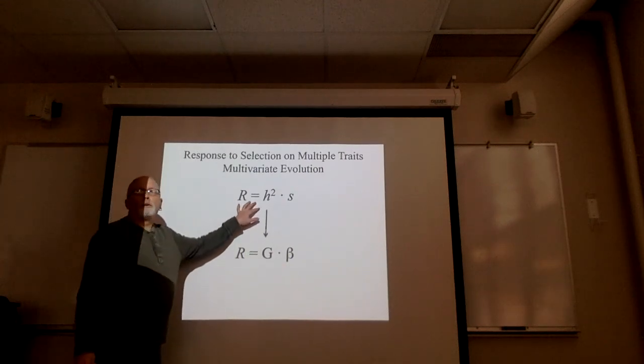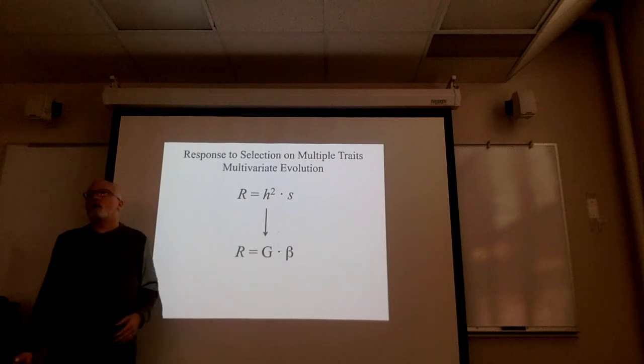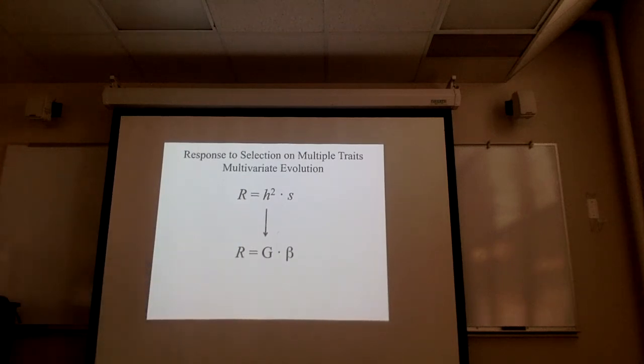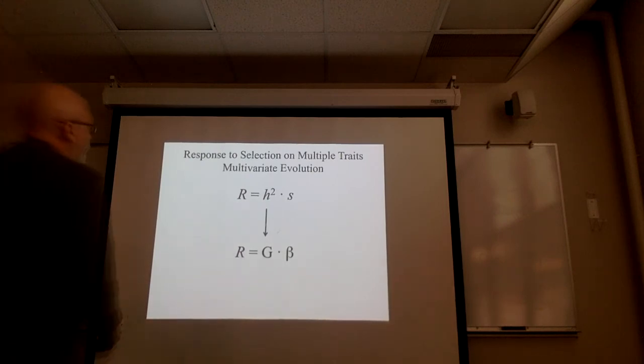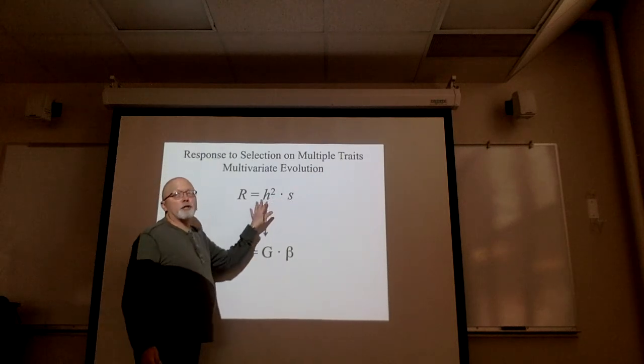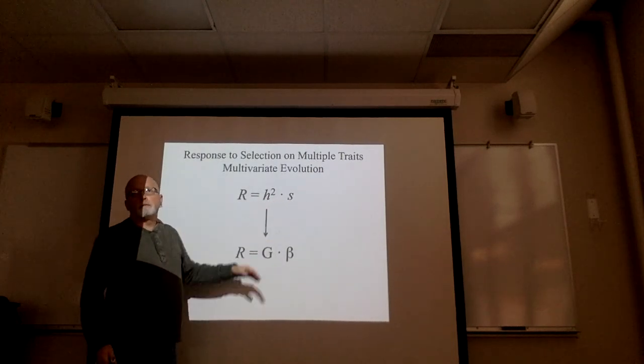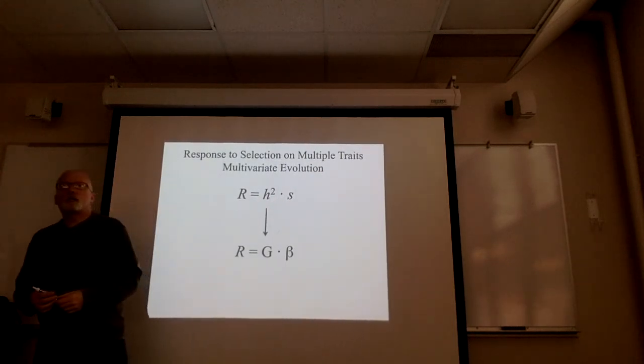So if you can model the evolutionary response to selection with one trait, you can model the evolutionary response to selection of as many traits as you can think of. But you're going to have to do this with a new kind of math. Before, we had heritability and selection affecting the evolutionary response to selection.